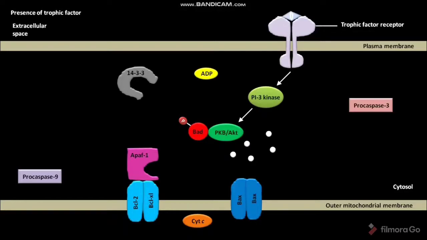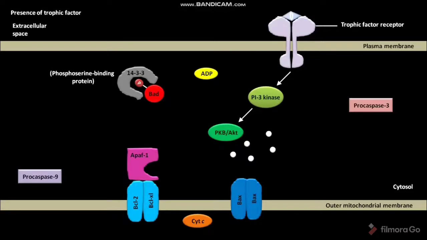The phosphorylated BAD then also dissociates from the PKB or AKT, then binds to a protein called 14-3-3 and forms a complex. The 14-3-3 is a phosphoserine binding protein.